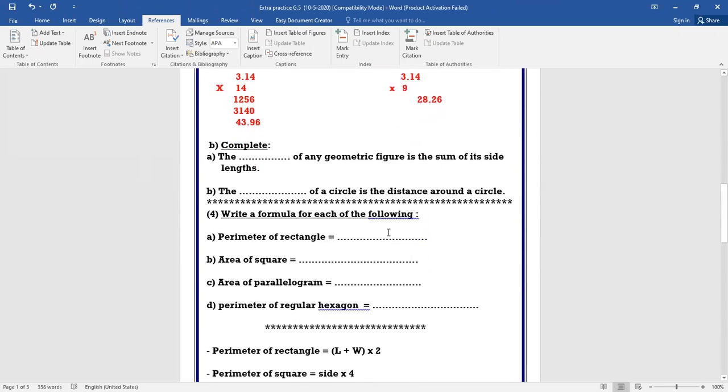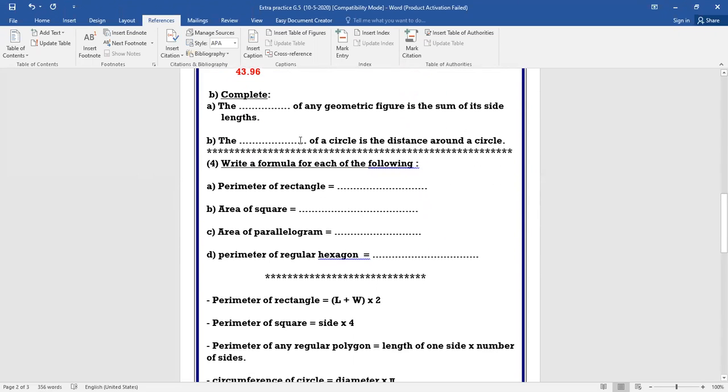Okay. Complete. The perimeter of any geometric figure is the sum of its side lengths.